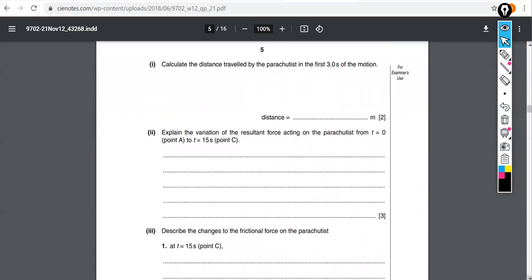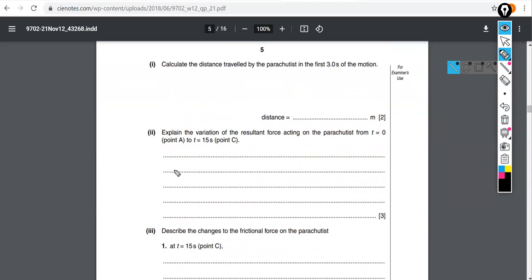Explain the variation of the resultant force acting on the parachutist from point A at time t equals 0 to point C, t equals 15 seconds. Remember, point C is when the parachute is deployed. These 3 marks are for explaining just what we did with our force vectors. I'm not going to write it all out in words.